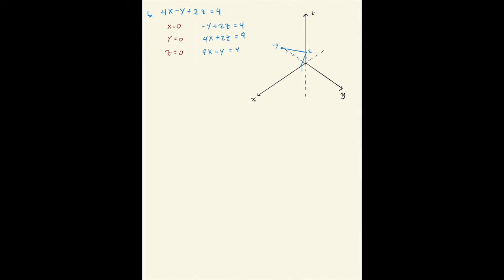And then the xy plane, when y is 0, x is 1. And when x is 0, y is -4. So just connect all these three dots. Yeah, finish. A simple plane, right?